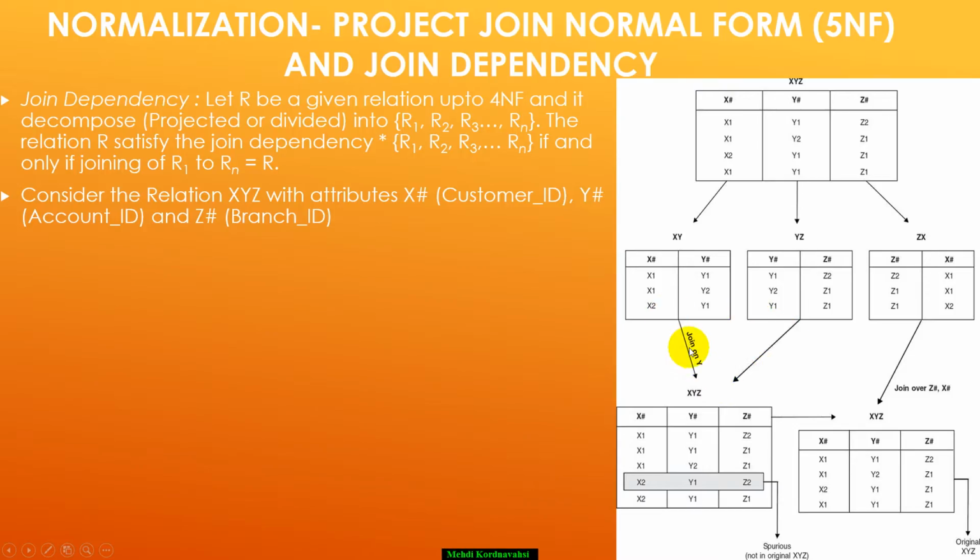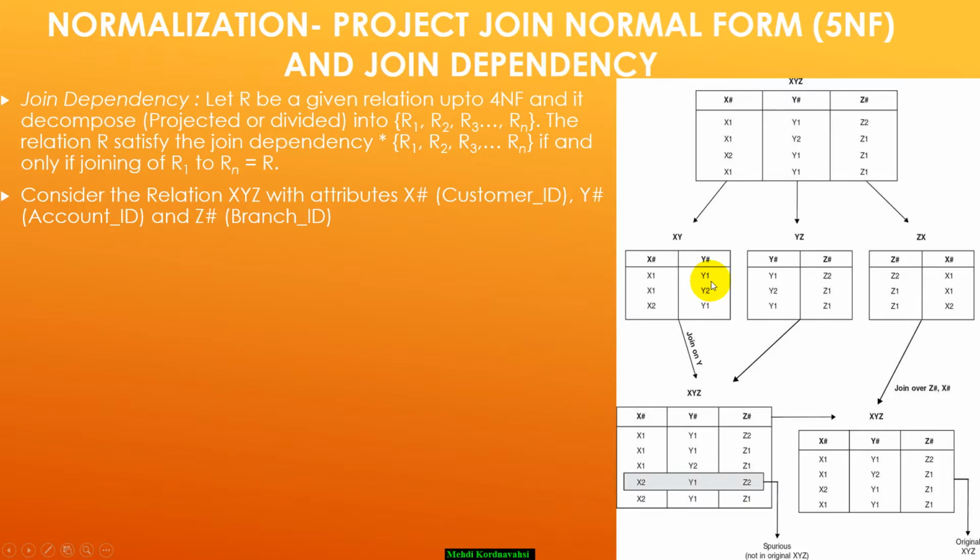The first, we will join these two tables together, xy and yz. So xy comes from this table and z comes from this, x1, y1, z2.